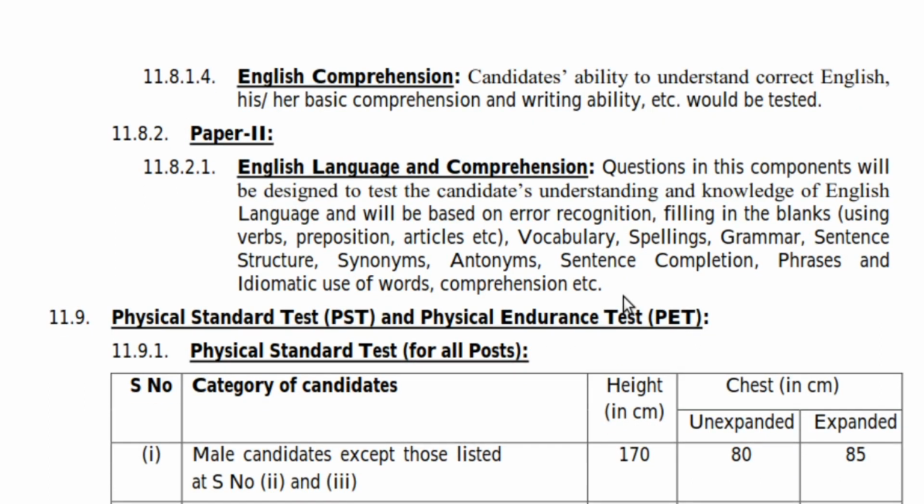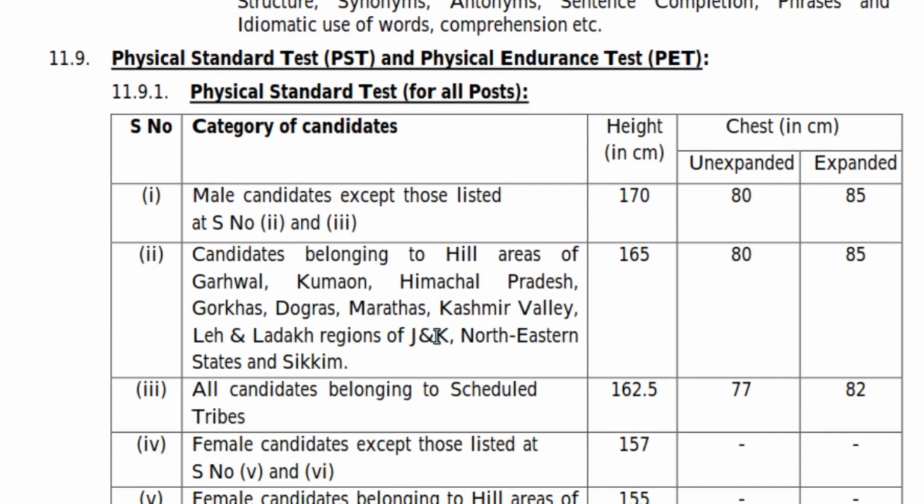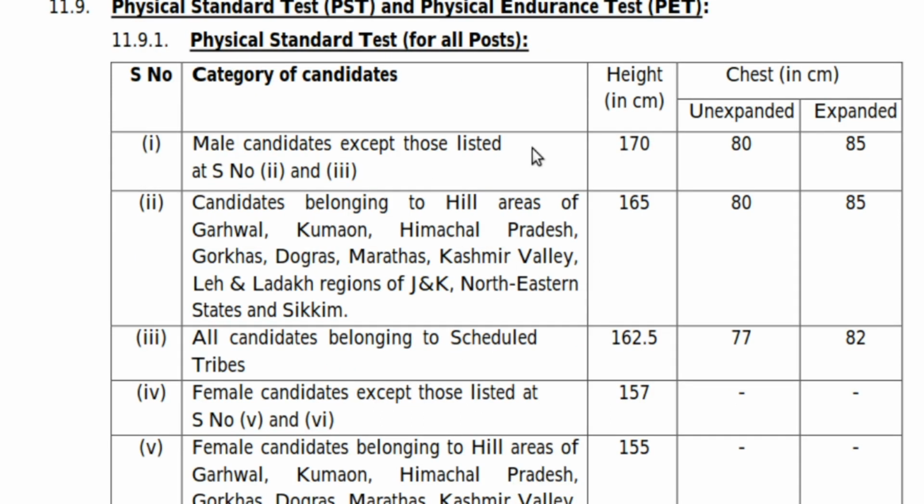We also have the physical standard test or physical endurance test, that is, what is the expected height or the minimum height. It can be 170 centimeters or more, but not less than that. For male candidates, the minimum height requirement is given as 170 centimeters, and the unexpanded chest size should be 80 centimeters and the expanded should be 85.